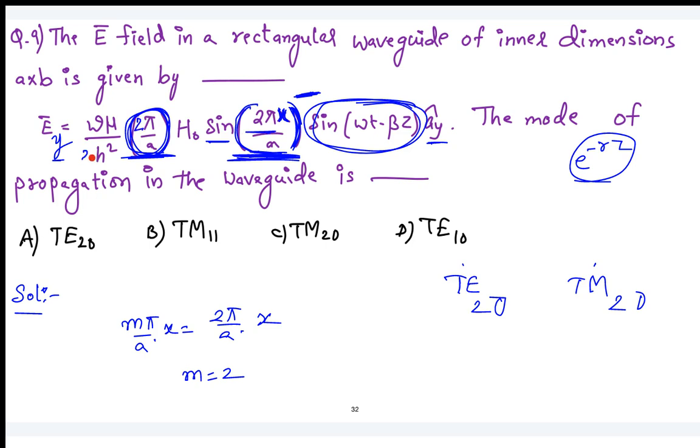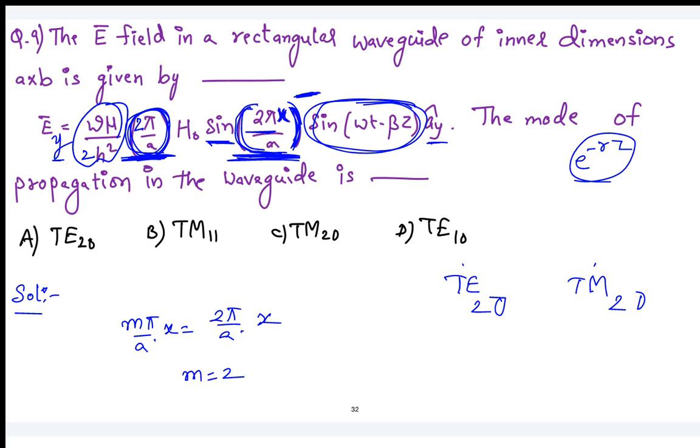All this is a constant. If you are getting the sine coefficient as a multiplier, is it TE or TM? Which case will you take the multiplier as the coefficient inside the sine? Is it TE or TM?